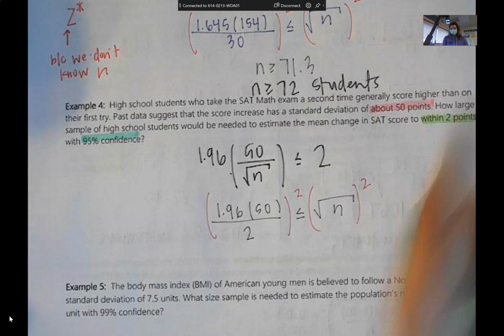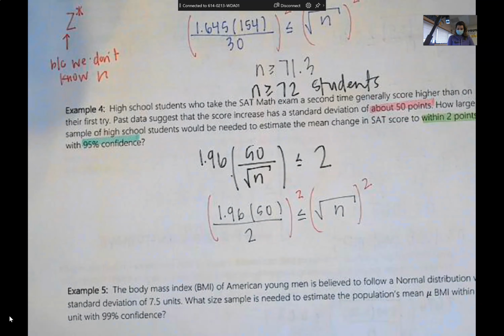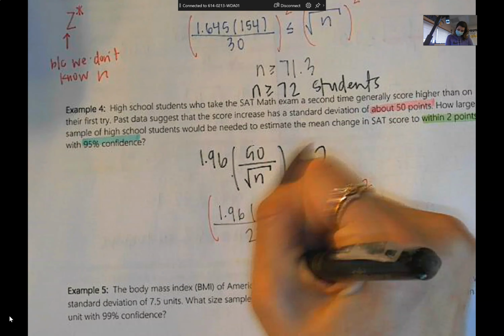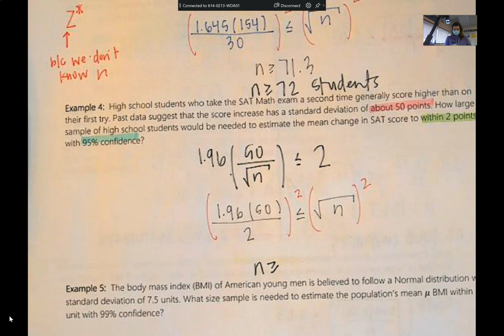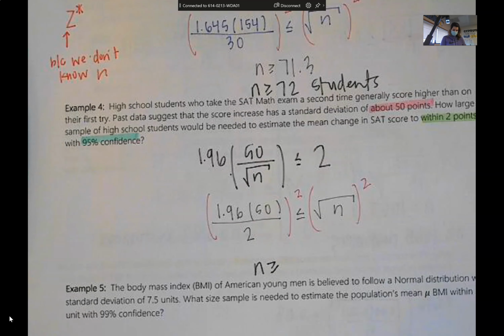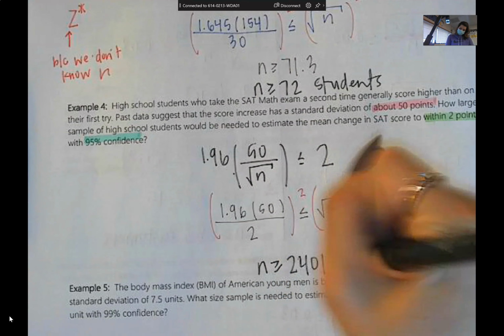Square both sides. Oh, that worked out nicely. Did yours work out nicely? Yep.